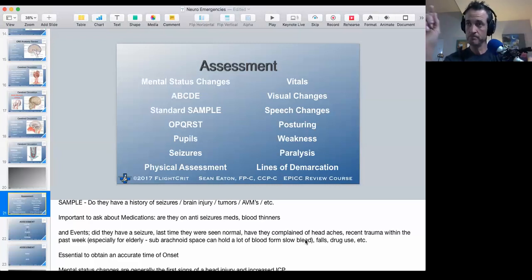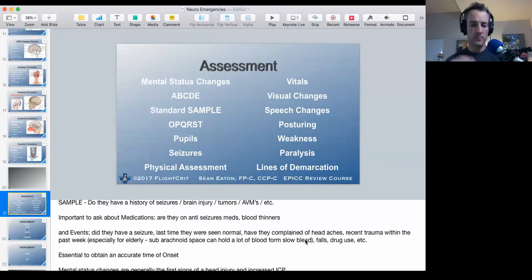So kiddos and elderly adults whose brains have atrophied a little bit can actually have a lot of extra space within that brain. So you can have this slow bleed that progresses over days or even weeks, and now they're having seizure activity associated with increased ICP from this slow venous bleed from a fall they had 2 weeks ago.